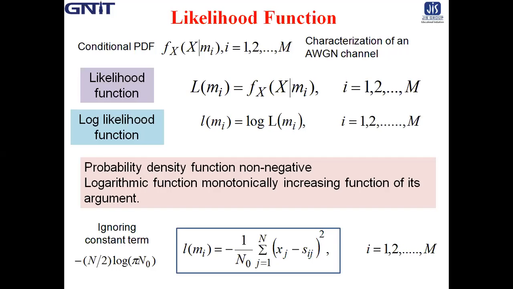However, at the receiver, we have the exact opposite situation. We are given the observation vector x, and the requirement is to estimate the message symbol mi that is responsible for generating x.